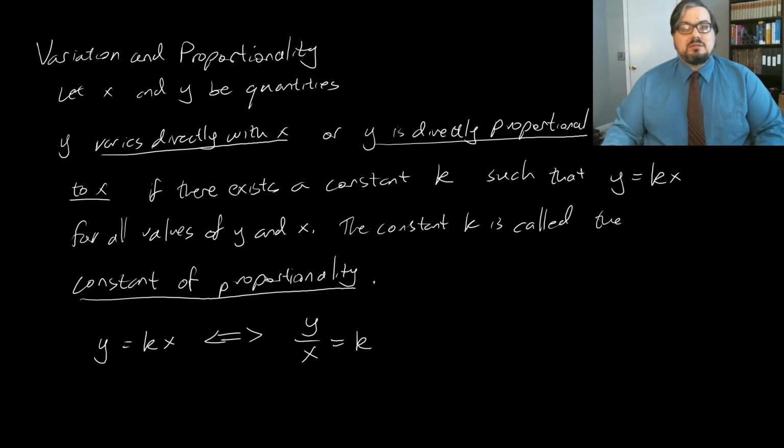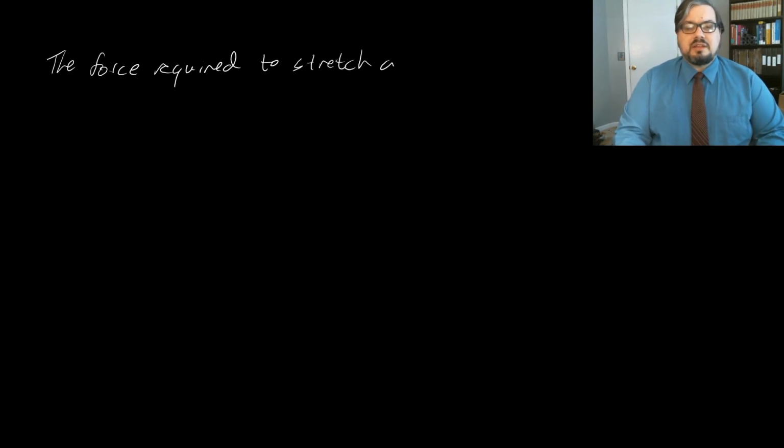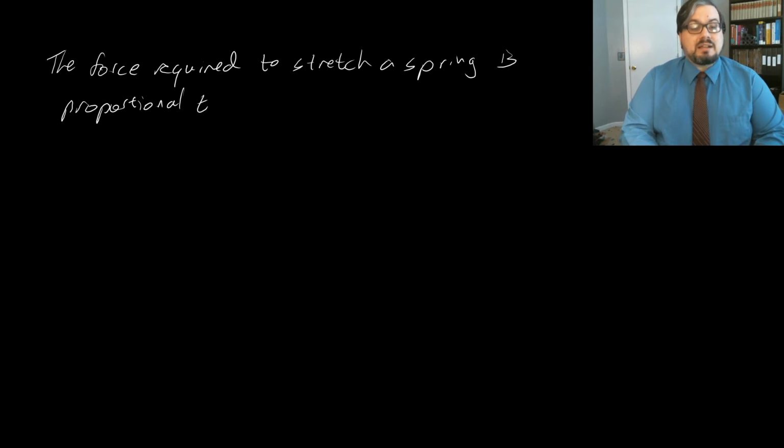Many things that we look at in science, in real life, can be described using proportions. So, for instance, we could say that the force required to stretch a spring is proportional, directly proportional, I should say.